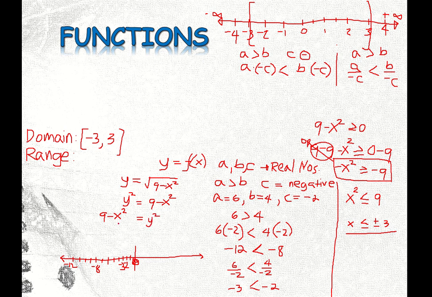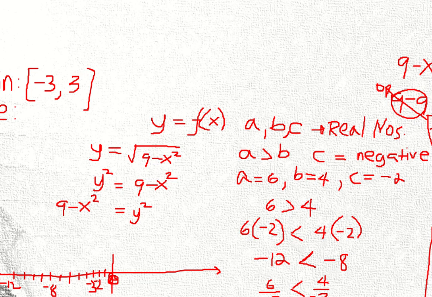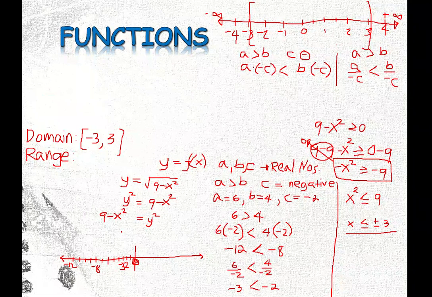Now to solve for x, let's subtract both sides by 9. So 9 minus 9 is 0. Then we have minus x squared. What we did on the left side, we also have to do on the right side. So y squared also minus 9.